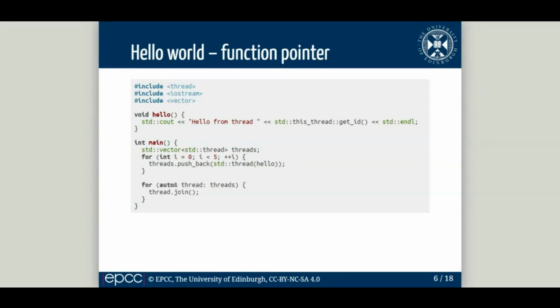So this is a fancy way of going through this vector, similar to for each in other programming languages. For all the elements in the vector, you call thread join. So you wait for the thread to finish. And once all elements are finished, you can finish with a return.